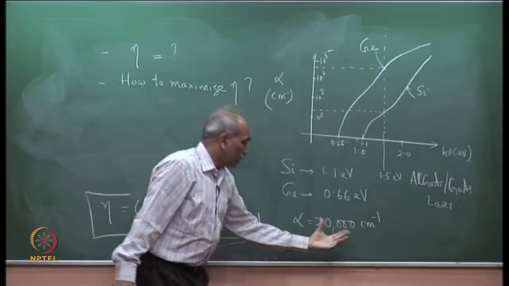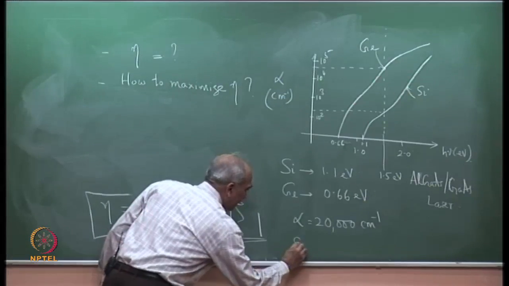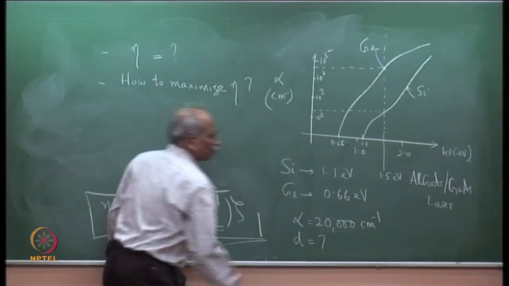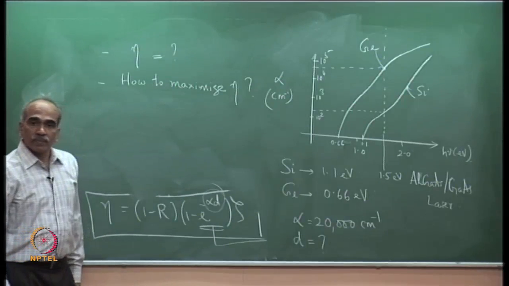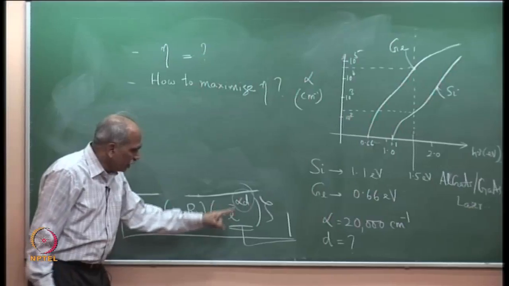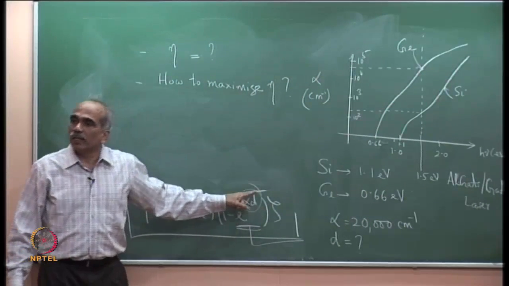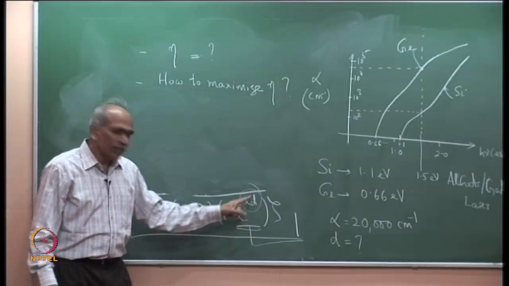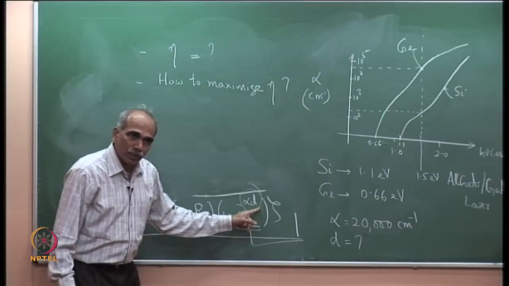For example, if I take this alpha, what is the d required? Please see, the thickness of the material required will depend on the value of alpha. We want alpha d to be very large, which means either alpha has to be large or d has to be large.